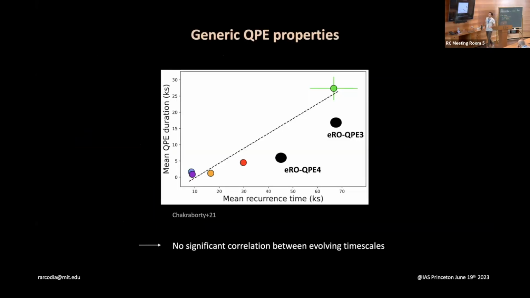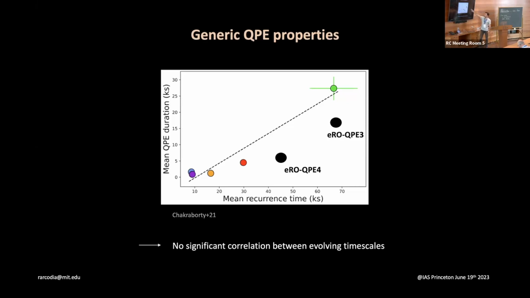As regarding the generic QPE properties, this is the plot that you showed. This is where your QPE 3 and 4 would be. So in principle, if this is an EMRI, a model dependent explanation, and if the QPE duration is given by some disk properties, the separation by the orbiting object, there's not a really obvious reason to me as to why they should be related, because this time scale is not a function of the tidal radius, it's just this EMRI.